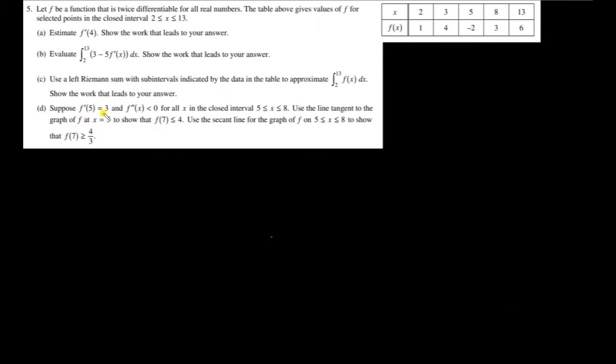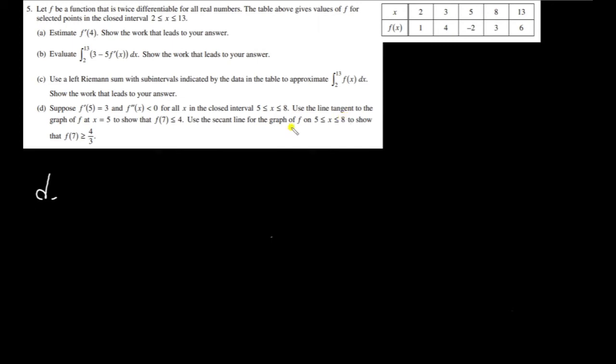So let's see, we have f prime of 5 is equal to 3, and f double prime of x is less than 0 for all x in the closed interval from 5 to 8. So we want to use the line tangent to the graph of f at x equals 5. Okay, so they're probably trying to tell us to write an equation for the tangent line to the graph of f, right? And then plug in x equals 5. So let's do that.